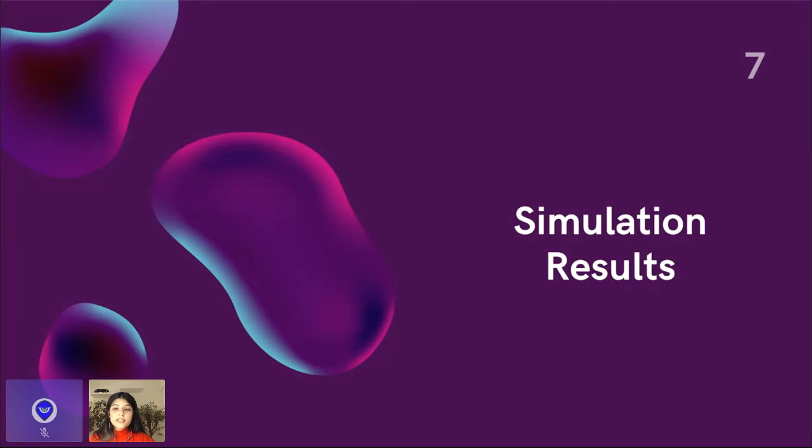CadCAD is computer-aided design, and it allows us to essentially throw all kinds of economic models and other models into state update blocks, and that will allow us to simulate what kind of things will happen as a result of external factors or injections, or how the system will behave under normal conditions, right? It's an agent-based simulation tool, so you will be able to see what kind of results come out of setting up your setup in a certain way. So let's see what we got as results.